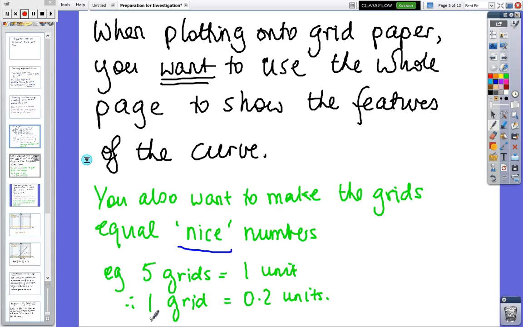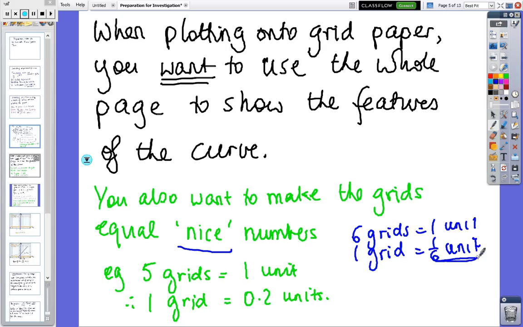Like for instance, if you have 6 grids equals 1 unit, then that means that one grid will equal 1/6 of a unit. While that's still mathematically correct, it's a little bit awkward because that would be about 0.17, whereas 0.2 is a nice number because it's a terminating decimal.